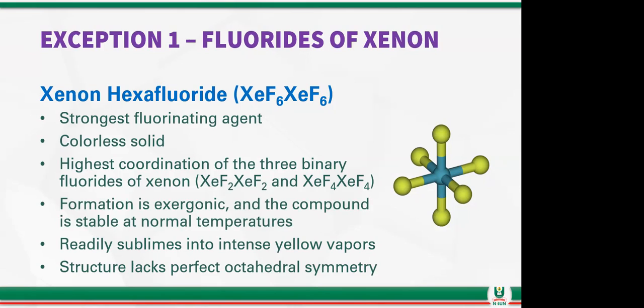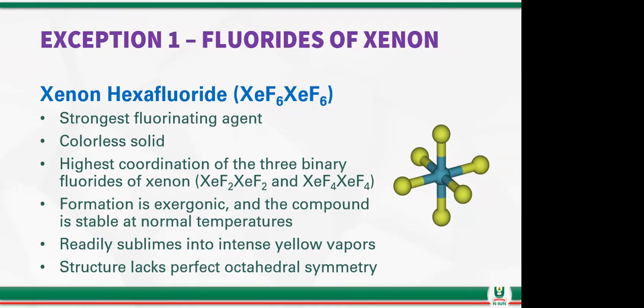If you look at the disproportionation, we are seeing XeF2 combining with XeF4, and that leads to XeF6. The xenon there is the central atom, which is able to relate the 4 and 2 fluorines to form 6 fluorines.